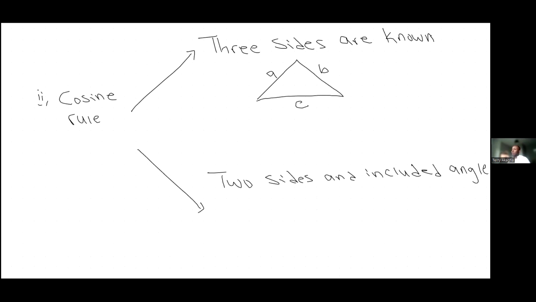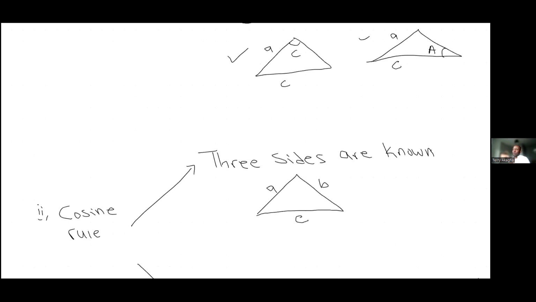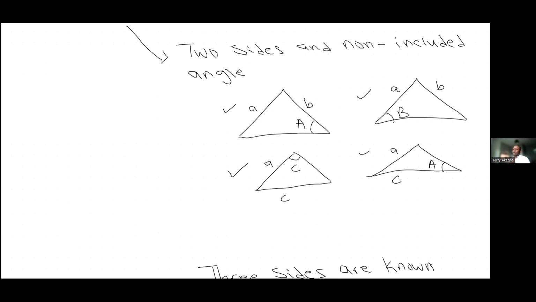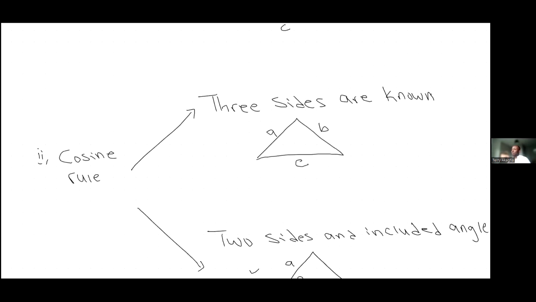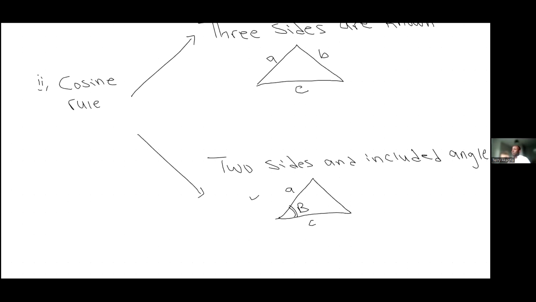So you have something like this. Okay, so you have two sides, side A and side C, for instance. The included angle is here, B. Are you seeing it? Now you see it's different from the sine rule. With the sine rule, you don't have an included angle, but when you have an included angle, you use a cosine rule for that. So for instance, you could have sides A and B, and the included angle here is what?